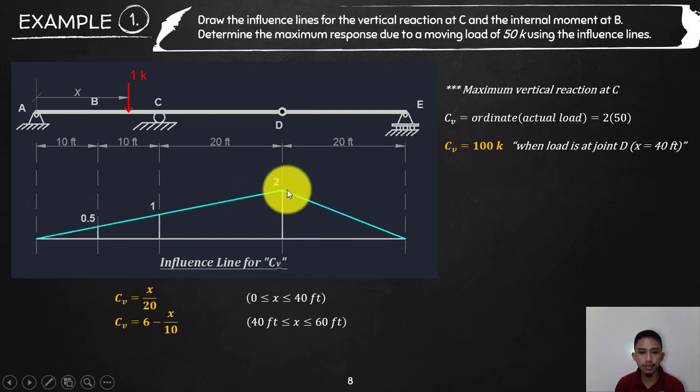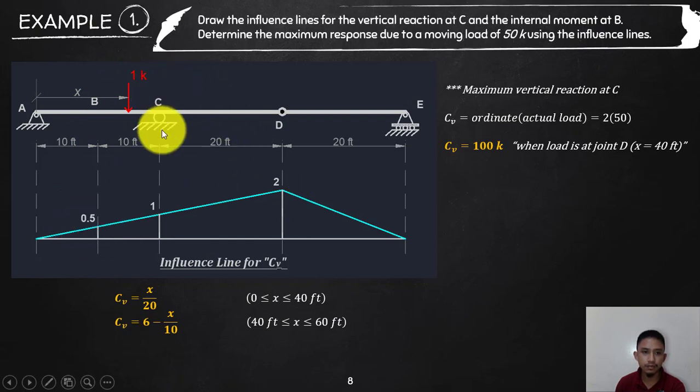Then you can use this line now to investigate when that 1 kip is at a certain distance. For example, we want to calculate the CV when that is exactly at point B. All you need to do is project the distance, and then by ratio and proportion, you can calculate that to be 0.5.